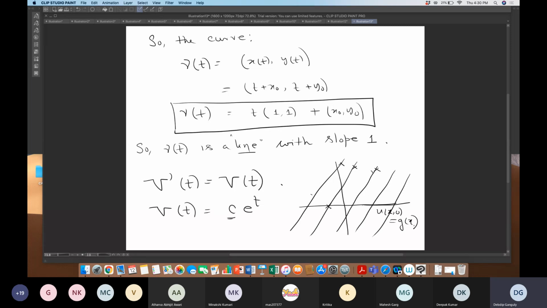Now how to do this? You can find C. Try. What will you do now? First job is to find C, right? Yes or no? So what is V0?